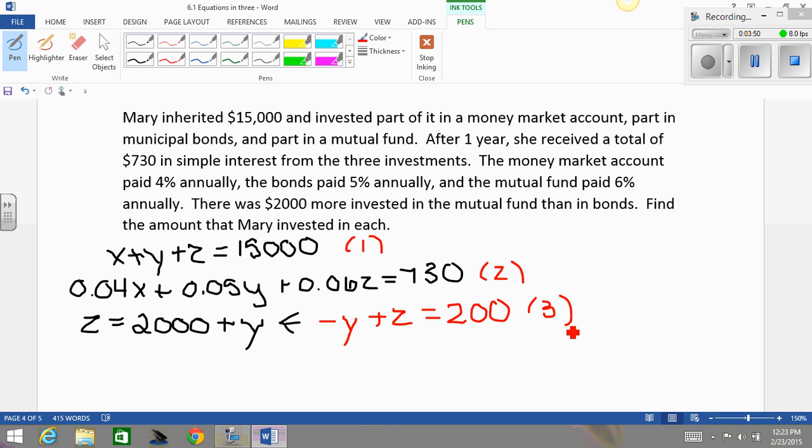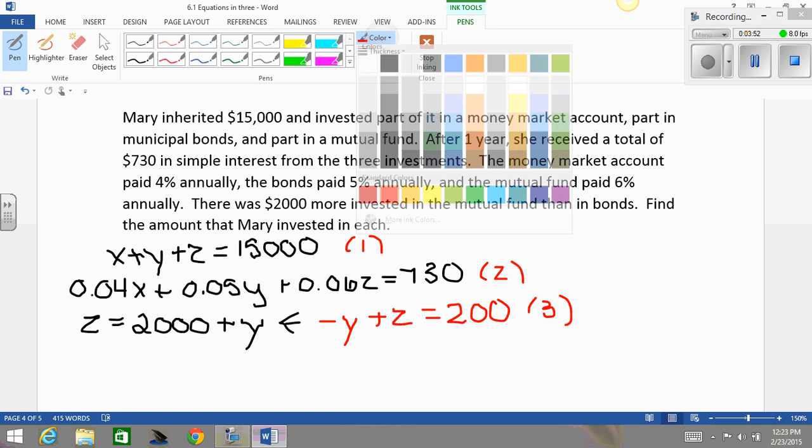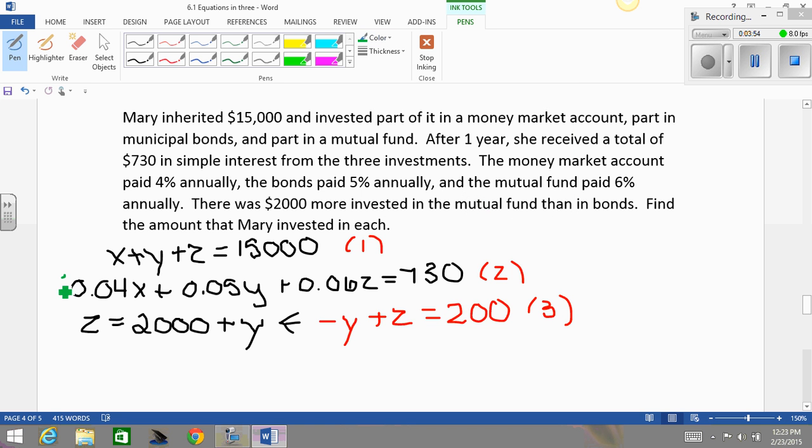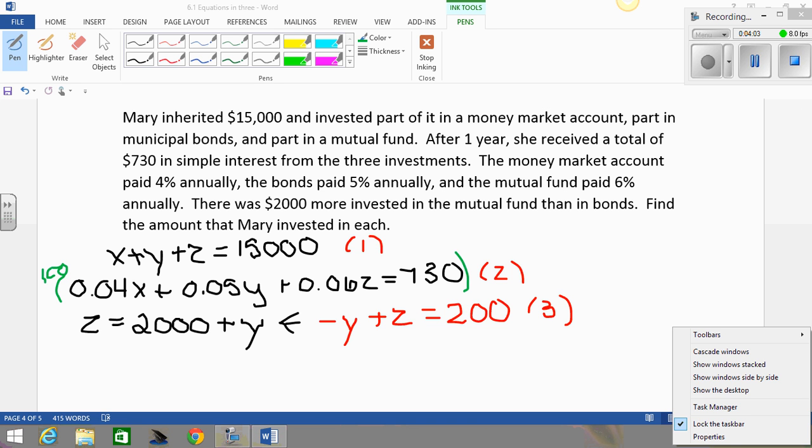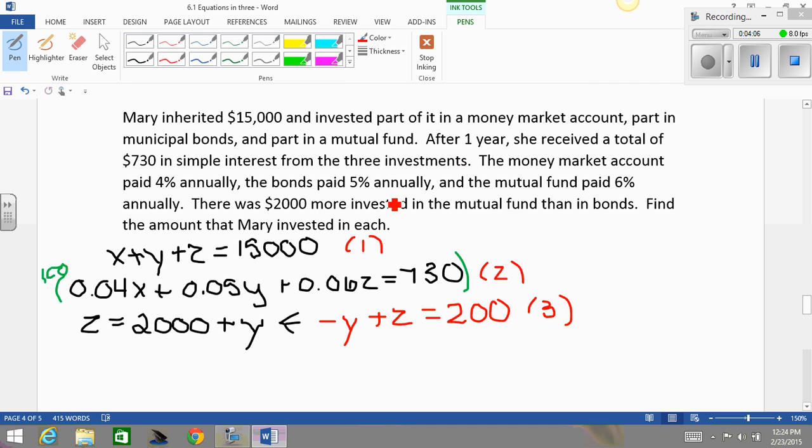So to make this easier, I can multiply the second equation through by 100 to give me an equation that better fits my needs. Now it just becomes 4x plus 5y plus 6z equals 73,000. It's a little bit easier to look at.